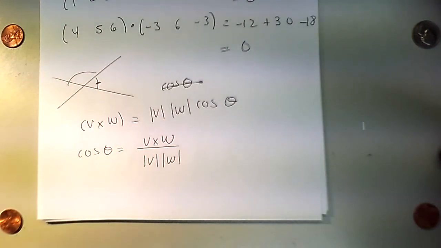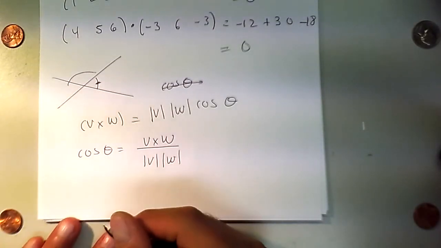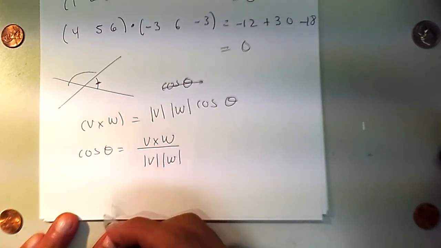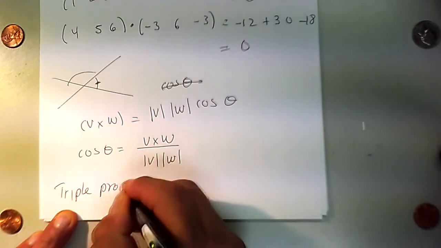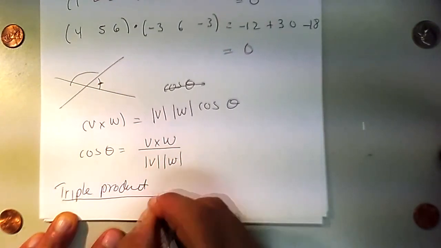There are some properties of the cross product, and there's also the triple product.